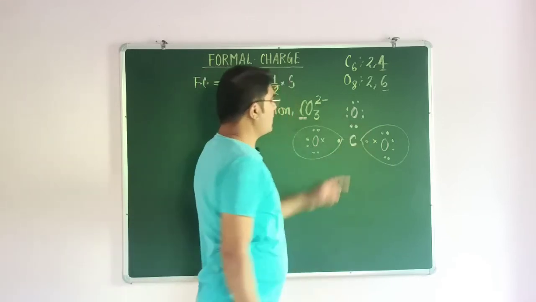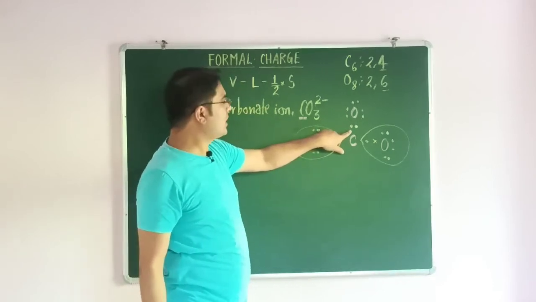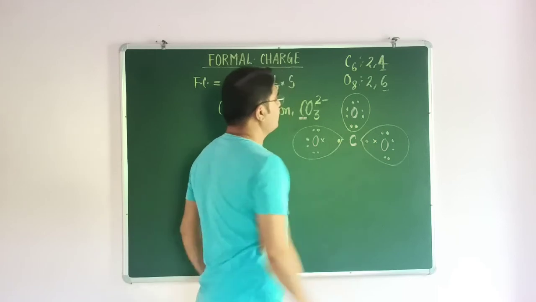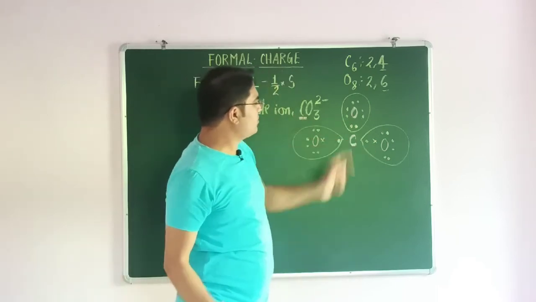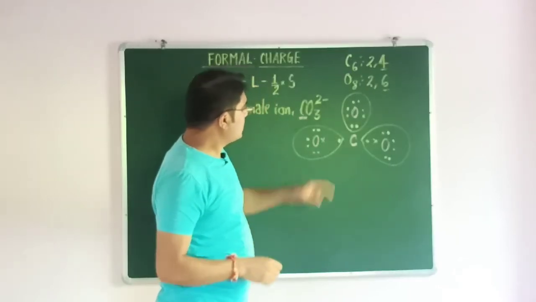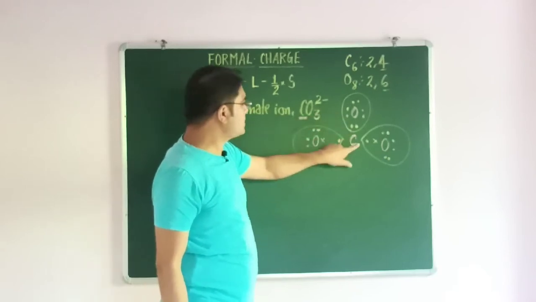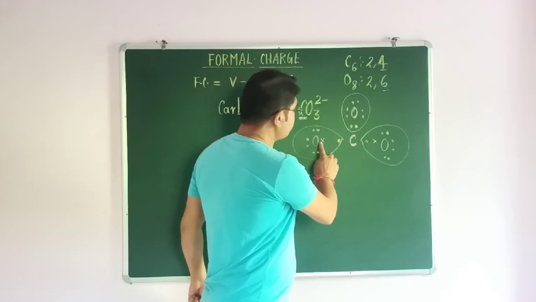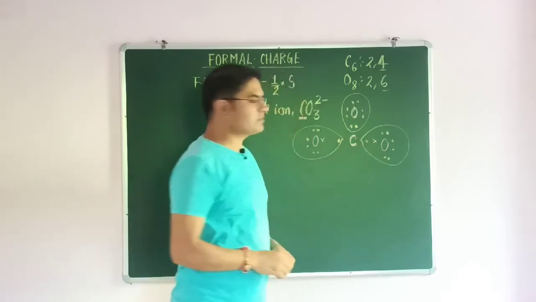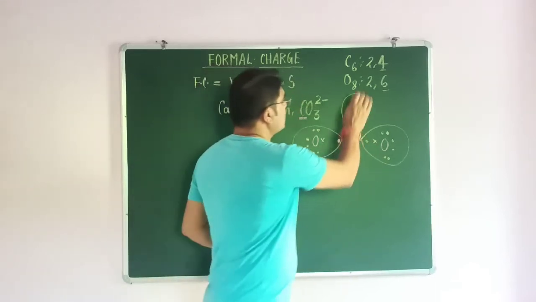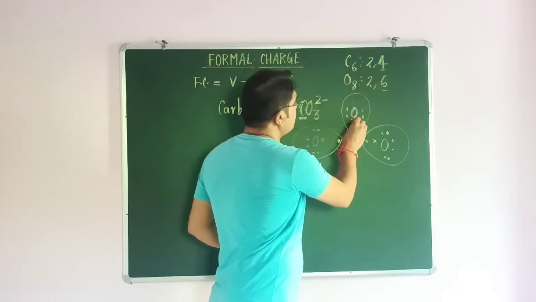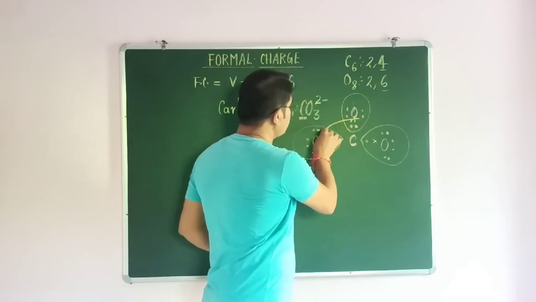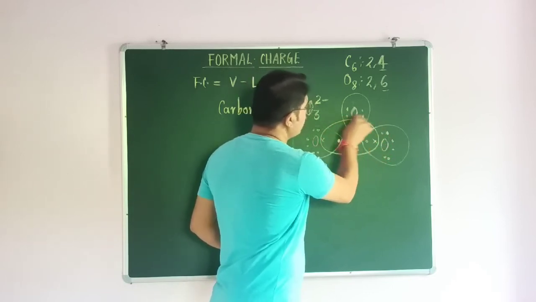Now the electrons left in carbon are 2 electrons. This oxygen atom accepts 2 electrons from carbon. So all oxygen atoms have completed their octet. Now it is the turn of carbon. Carbon has 4 electrons, and if it accepts 2 electrons from these 2, it becomes 6. 2 more electrons we require from this oxygen atom, so that the octet of carbon is also complete.